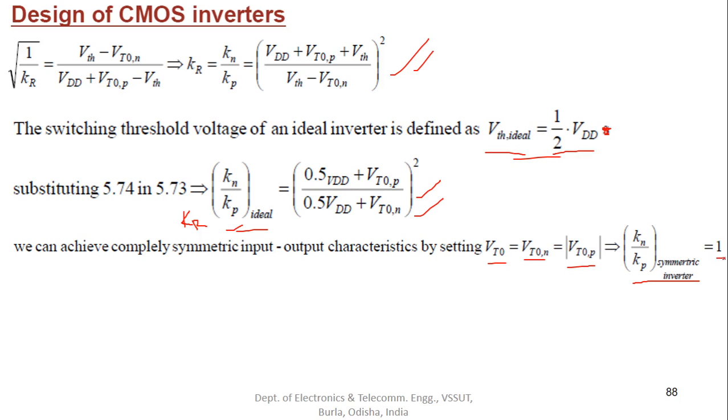Okay, so remember that for a symmetric inverter, the ratio Kr is equal to 1. And for an ideal inverter, the equation for Kr is this one.